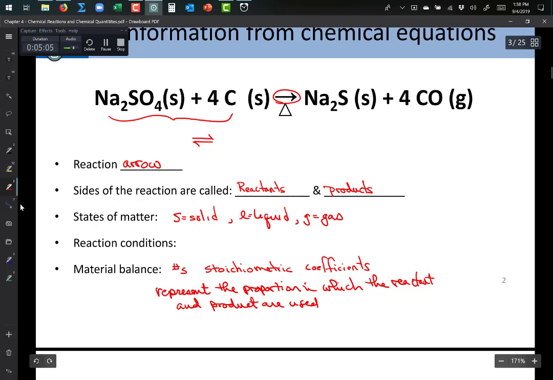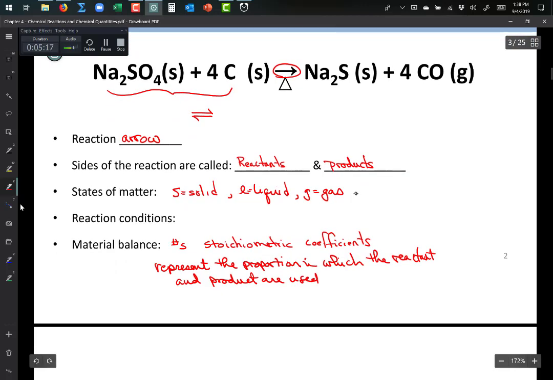Those are the physical states of matter that we talked about earlier in chapter 1. But there's also another state of matter that's important to know, which we call AQ, and that's aqueous.